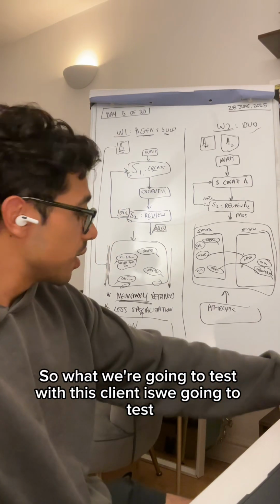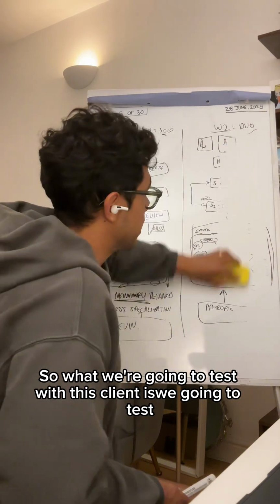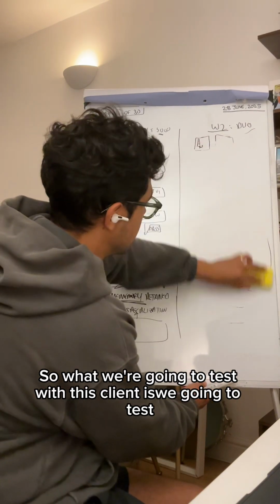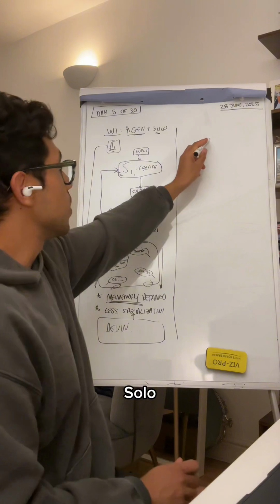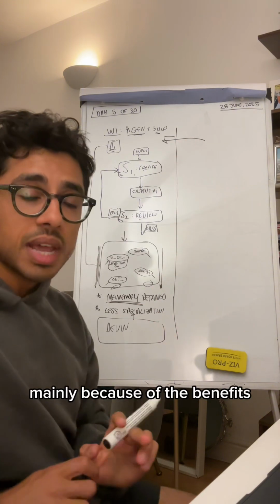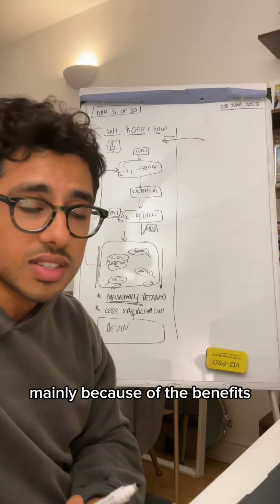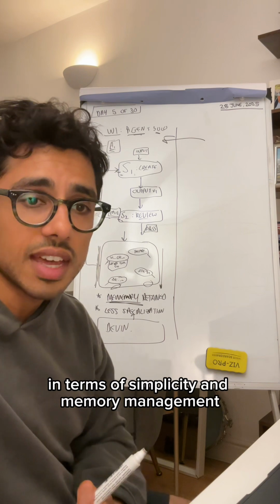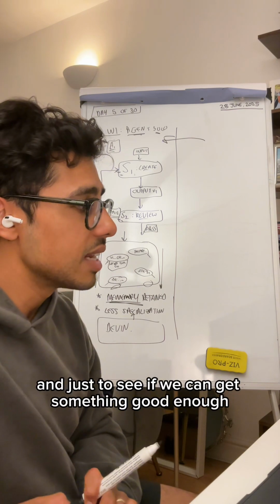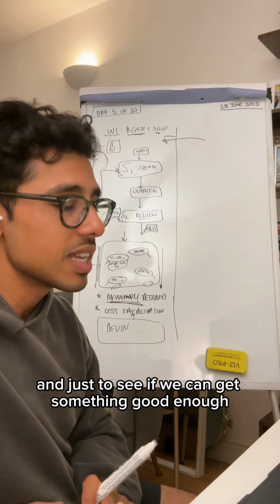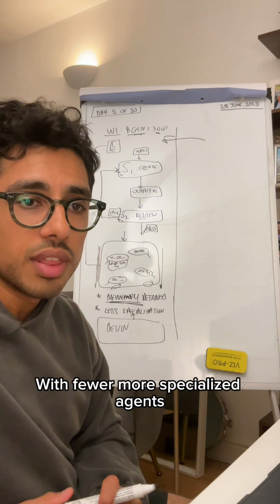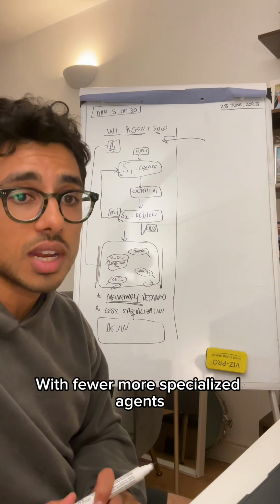So what we're going to test with this client is we're going to test Solo. We're going here mainly because of the benefits in terms of simplicity and memory management, and just to see if we can get something good enough with fewer, more specialized agents.